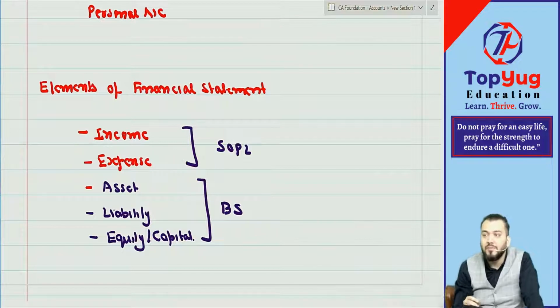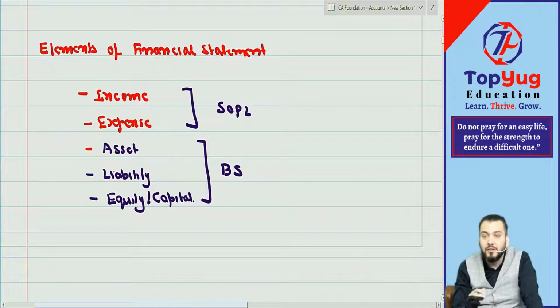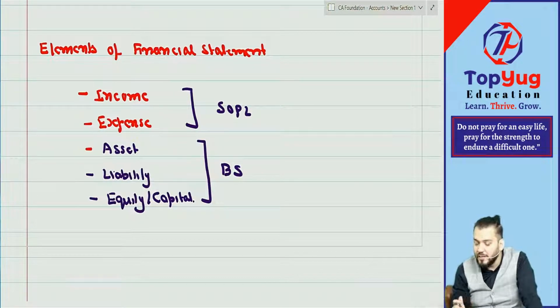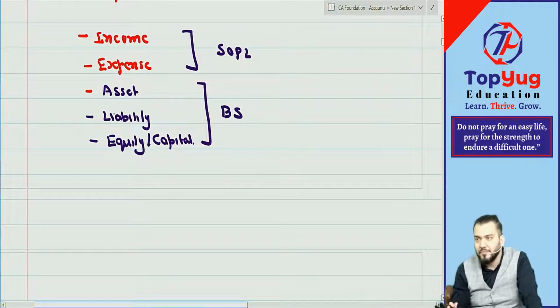So if you can identify which item is income, expense, asset, liability, capital, it is very simple to prepare balance sheet and statement of PL. Correct. It means we need to understand the meaning of each: what is income, expense, asset, liability, capital?